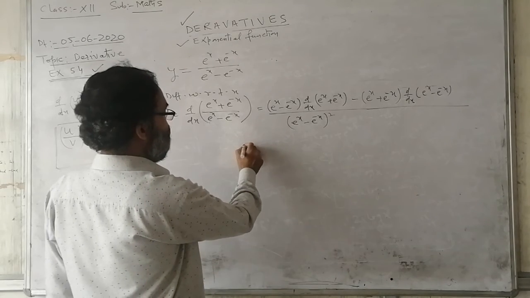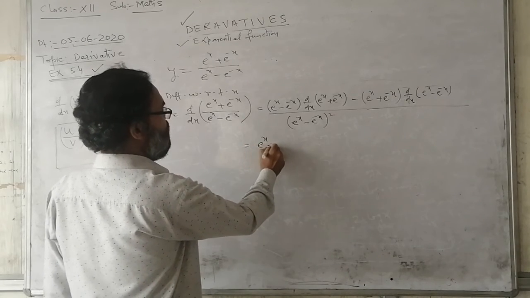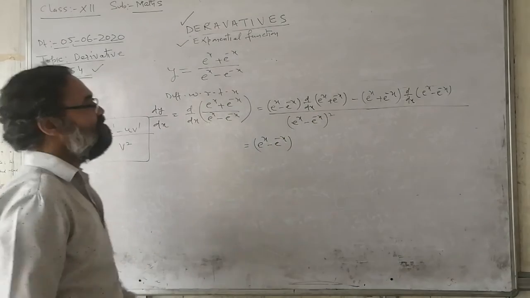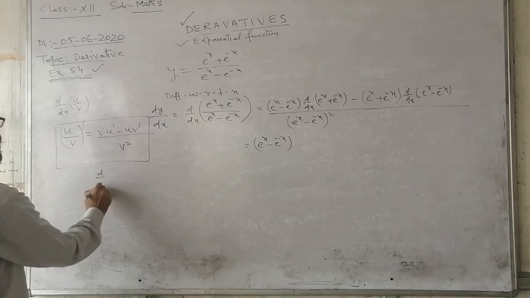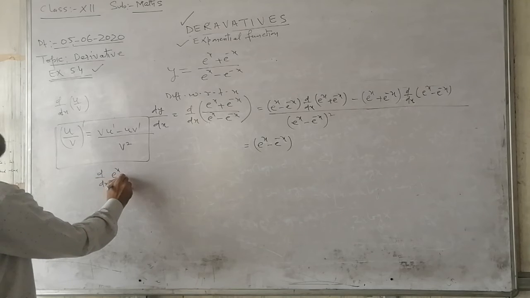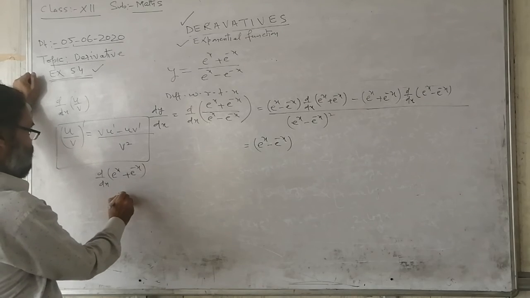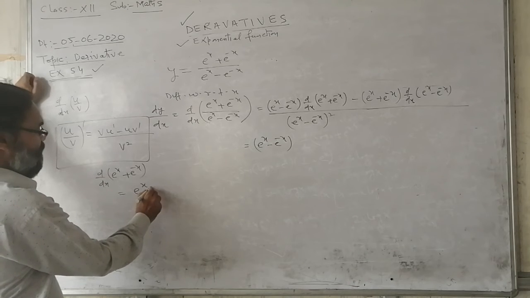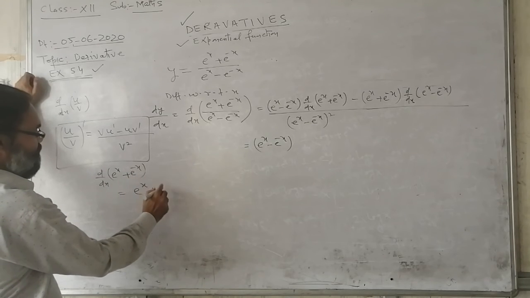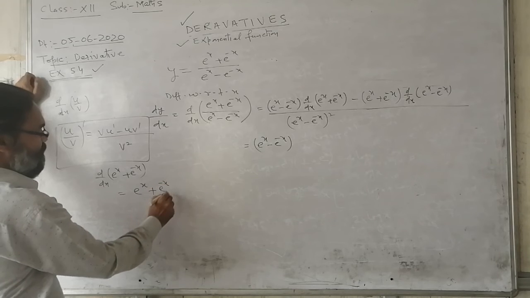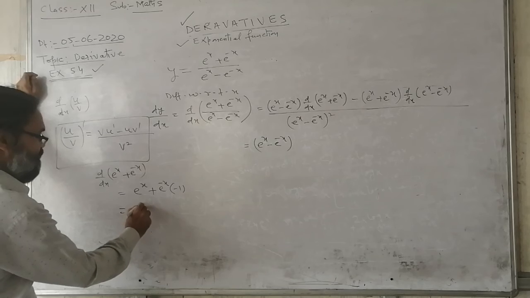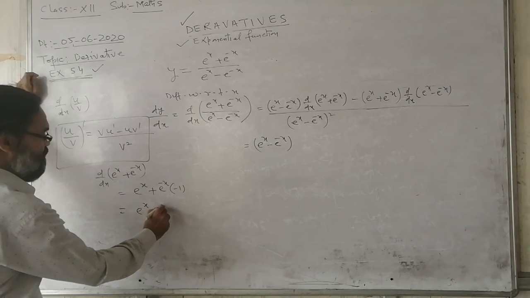So this will equal (e^x + e^-x) times its derivative. So d/dx of (e^x - e^-x): e^x will have the same derivative, and e^-x will have the same but with minus 1, that is e^x + e^-x.